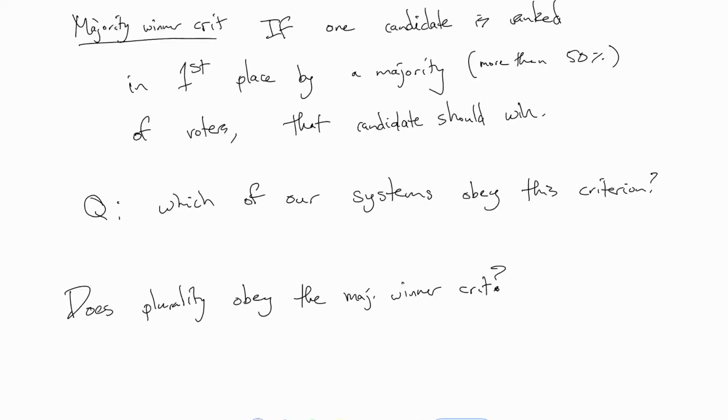You imagine, first of all, if somebody really does have more than 50%, does that mean they're going to be the winner? So there's another question. Do you have to get 50% to win? The answer is no, not in the plurality system. But the other way around is what I'm really trying to think about. If you do get more than 50%, does that mean you're automatically going to win?